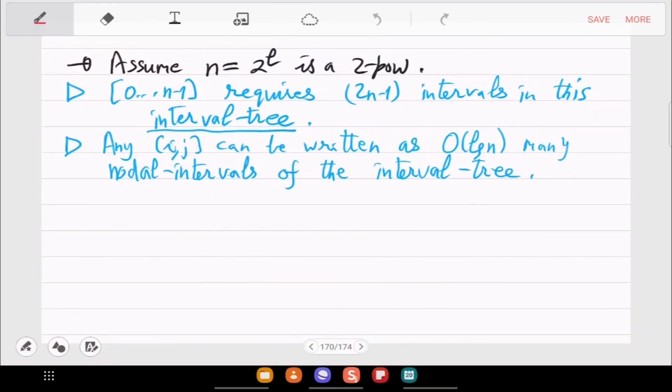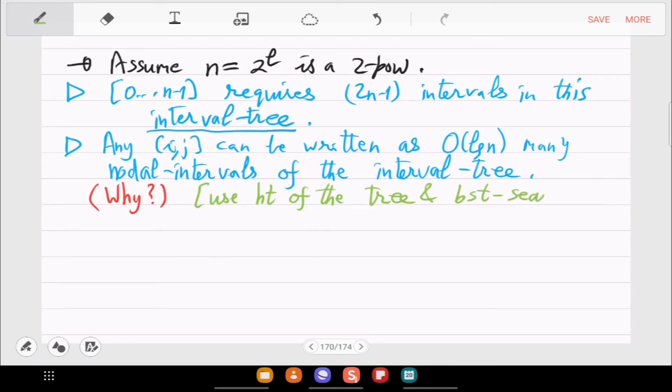So you should prove this. And BST search. Okay, so complexity of the search algorithm in BST and height of this tree will give you the result.